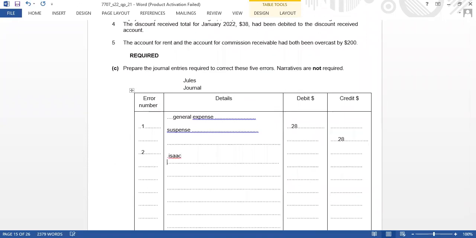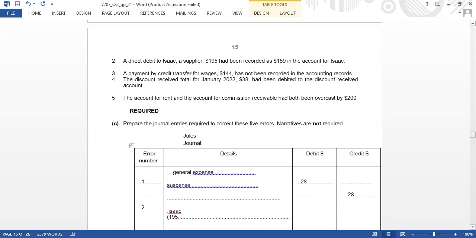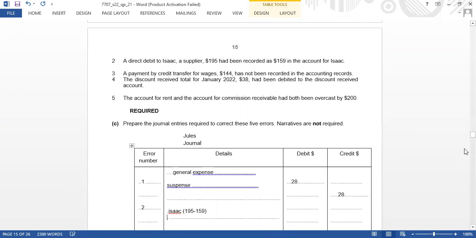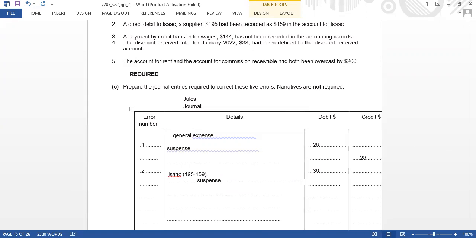So that is 36. Then we have suspense 36. And error 3 is a payment by credit transfer for wages 144 has not been recorded in the accounting records.